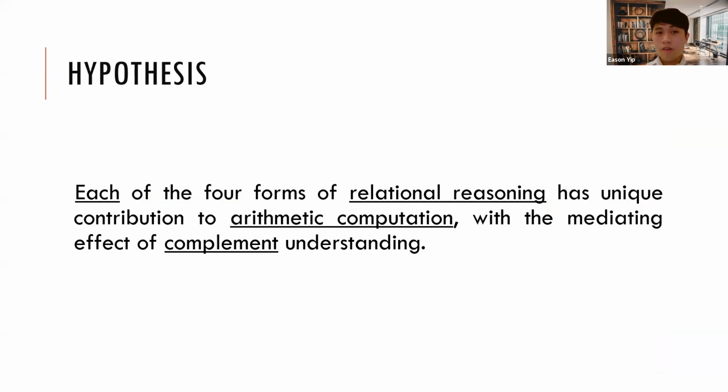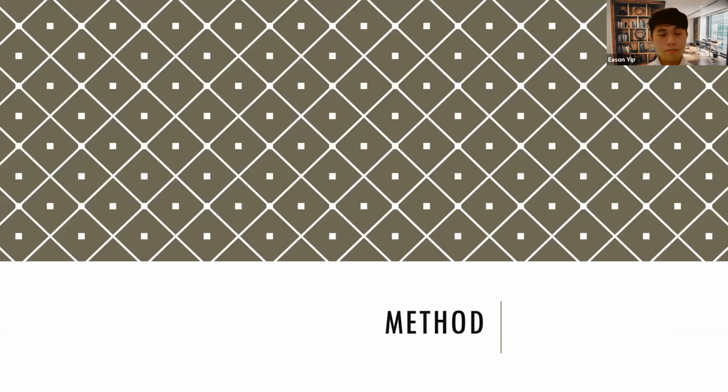Given the above background, we come to the hypothesis that each of the mentioned four forms of relational reasoning would have a unique contribution to the students' arithmetic computation performance. In particular, the relation would be mediated by complement understanding.